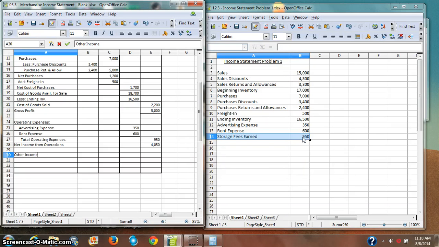Other income. Storage fees earned. And here it is. There's just this $950. And I can subtotal it.